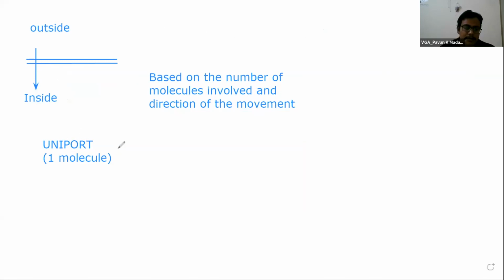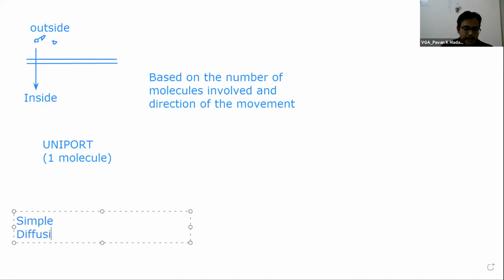Okay. Suppose here we have more molecules. Assume here we have 3 molecules and here there is only one, and here there is nothing. So the molecule moves from higher concentration to lower concentration. Okay, so this we call simple diffusion.